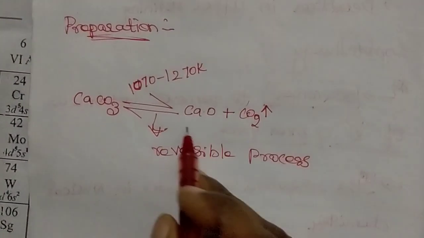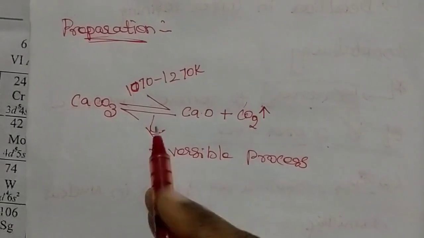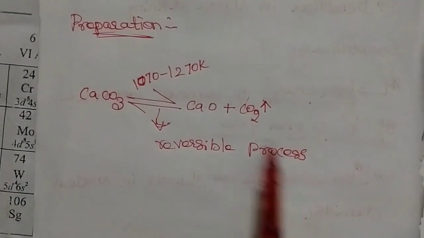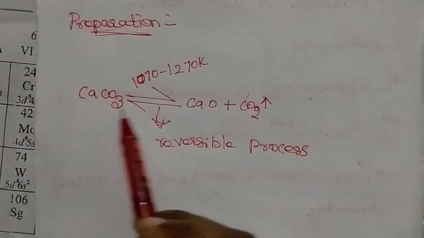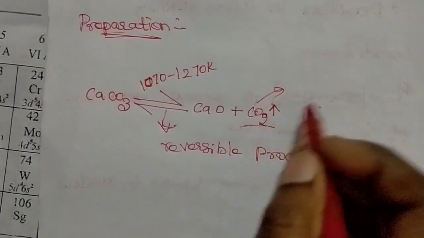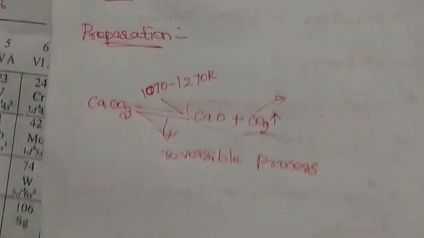When calcium carbonate is heated to 1070 to 1270 Kelvin, it is reversible: if calcium oxide and carbon dioxide combine, they can produce calcium carbonate. That's why it's called a reversible process. So when this reaction forms carbon dioxide, it is immediately removed from the process, and you can easily get calcium oxide as the product.